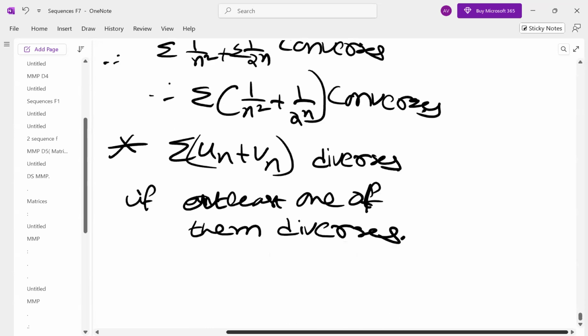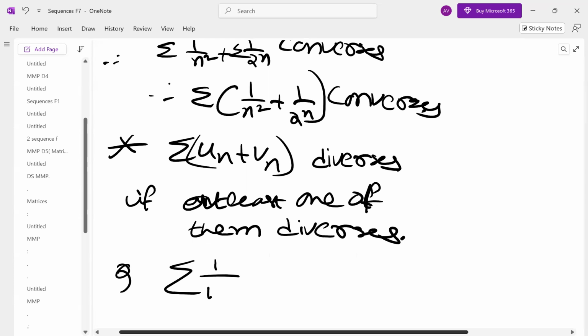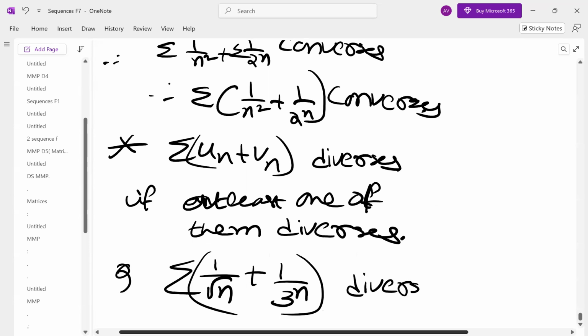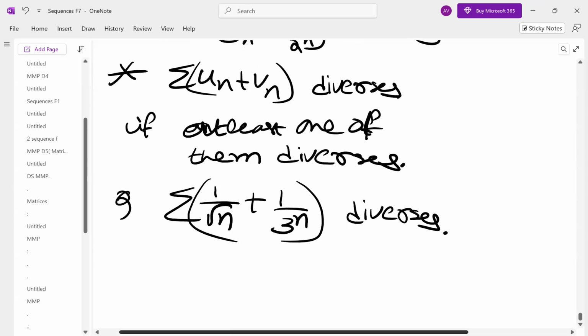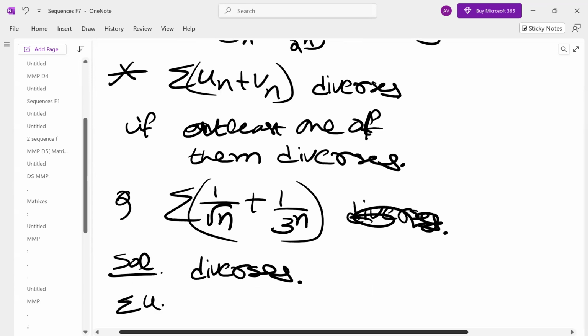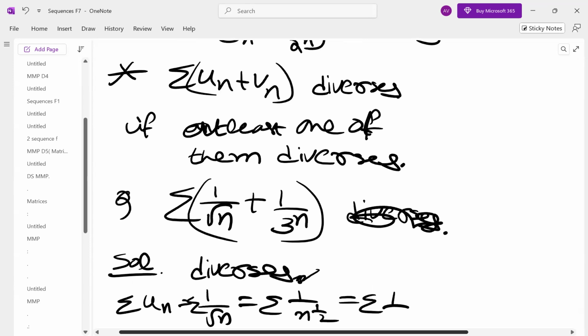What is the example? What can you say about summation 1 by root n? In this case, it diverges. Why does it diverge? Summation un is 1 by root n, 1 by n power 1 by 2, p is equal to 1 by 2, less than 1.